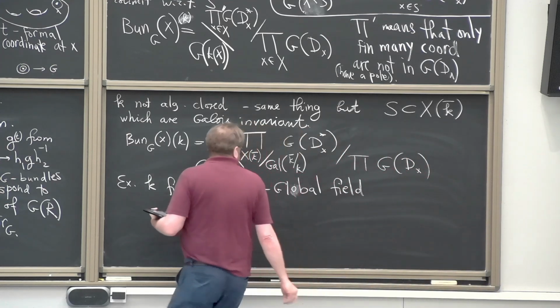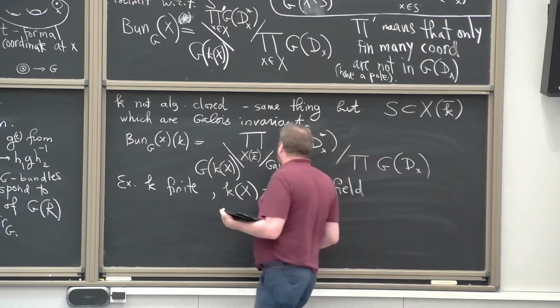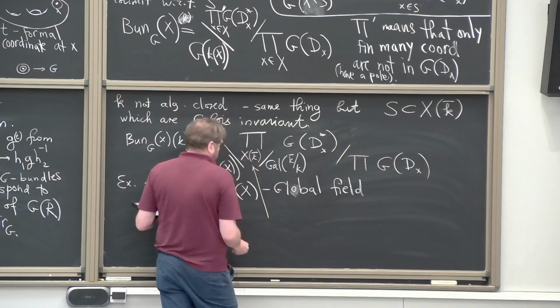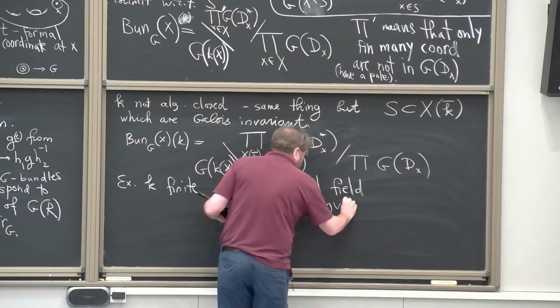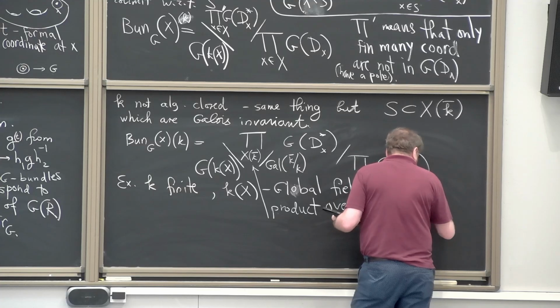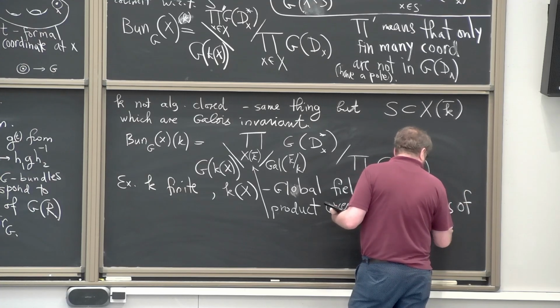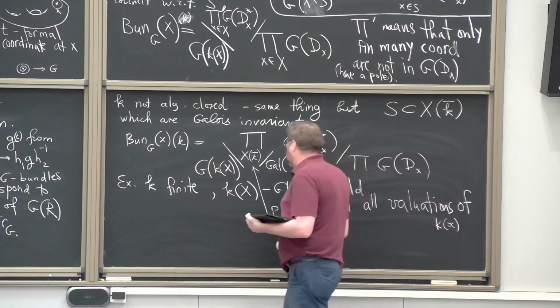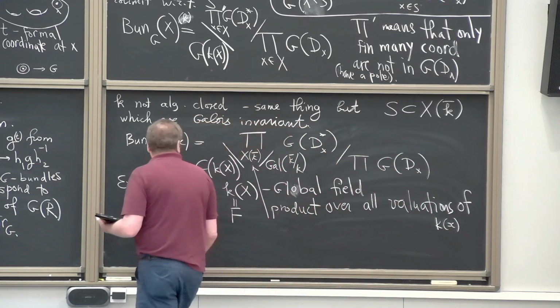And this thing is actually a product over all valuations of this field K of X. So this field can be denoted by F.